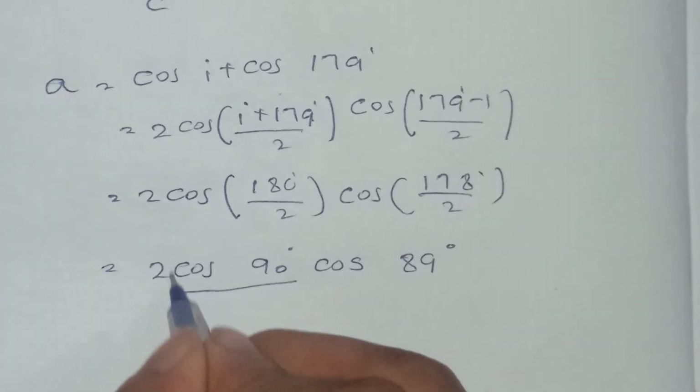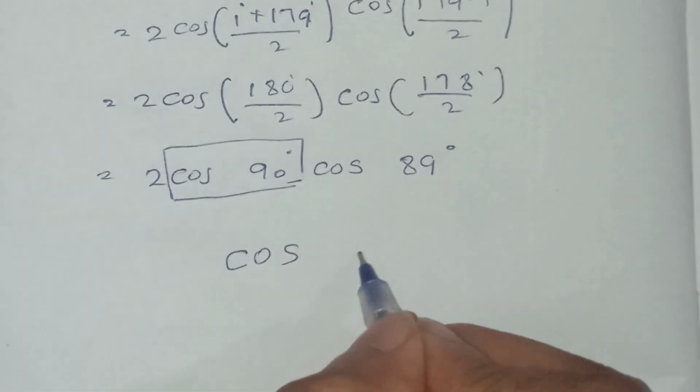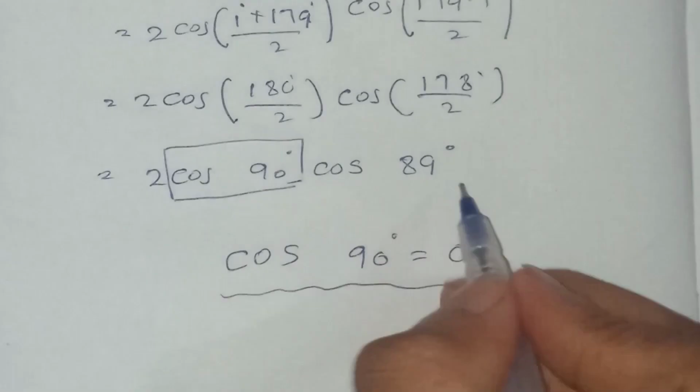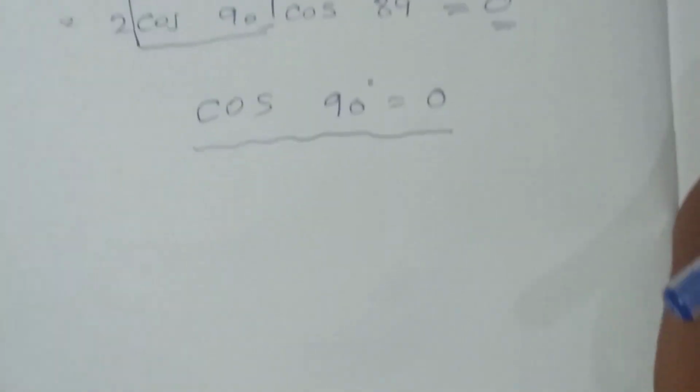In trigonometry we know that cos 90 is a special value. Cos 90 equals 0. Then we can conclude that 2 times 0 times cos 89 equals 0. Then A equals 0 here.